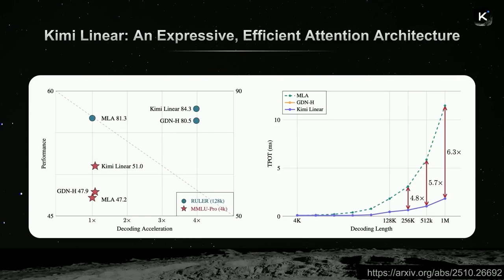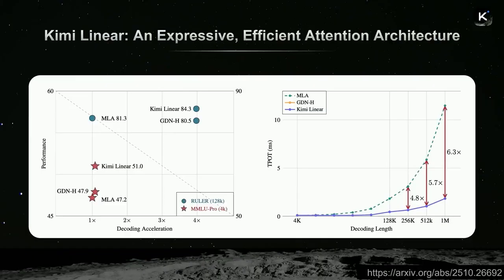And at the same time, for longer context tasks, such as RULER, Kimi-linear is also better than the other variants, while being much more efficient compared to MLA. And when we scale the context length further to, for example, 1 million tokens or even longer, it's going to be much more efficient compared to the baselines.